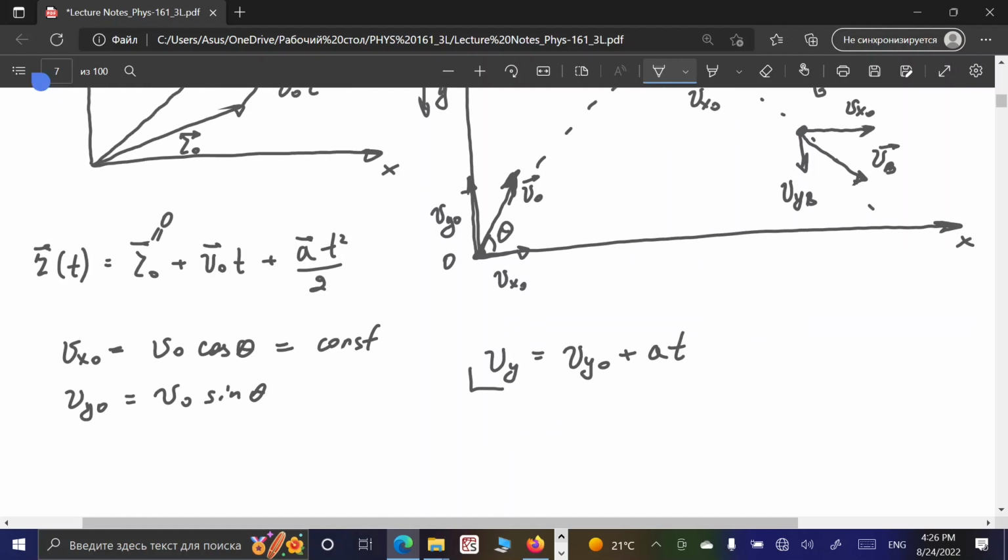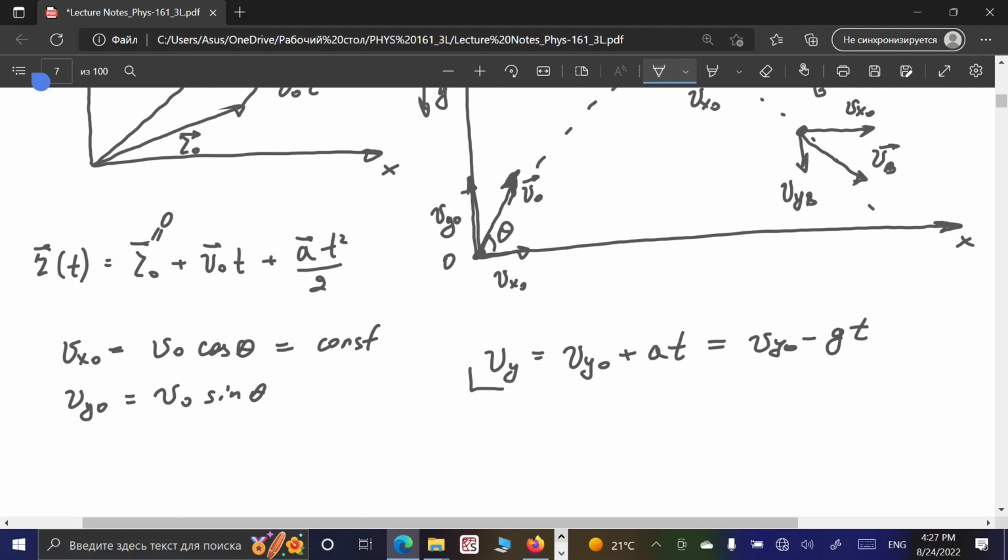And instead of a here, we can write minus g because that is our acceleration aligned along axis y. So here we can write that it will be vy naught minus g times t.